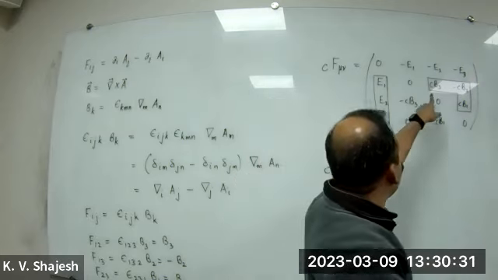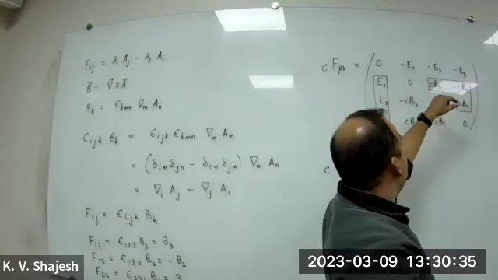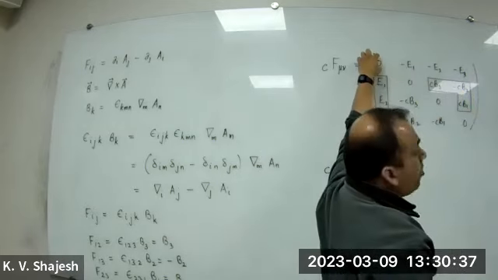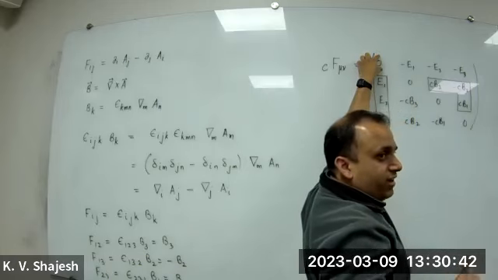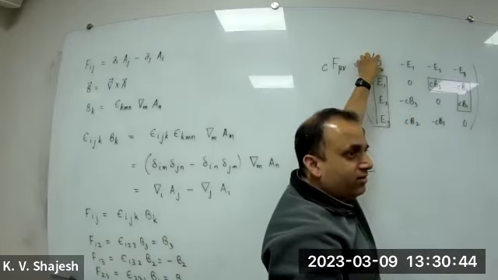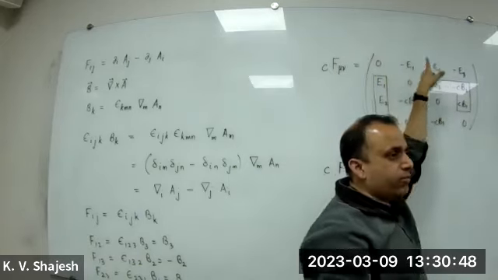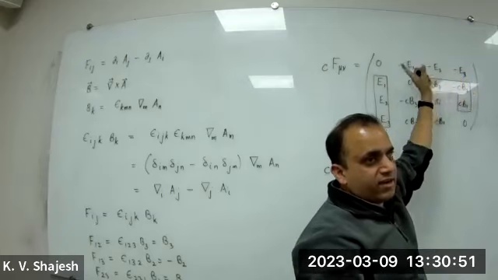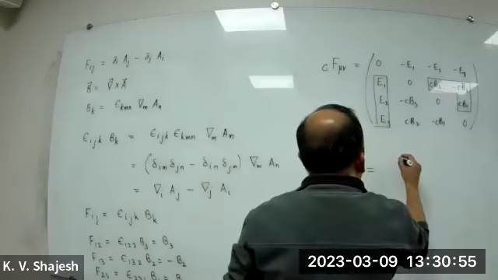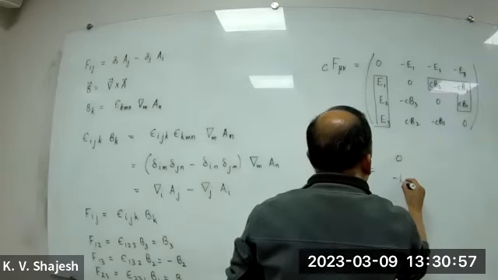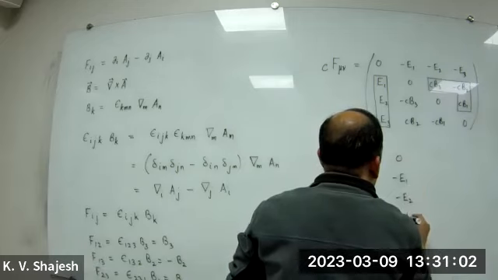In these cases there are no times, so this will stay intact. And if this was not zero, it would also not change sign because there are two time components in it, two signs going up and down. But this is zero, so we don't care. This one has only one time component, and the second is a space component, so that changes sign. So it will be 0, minus E1, minus E2, minus E3.